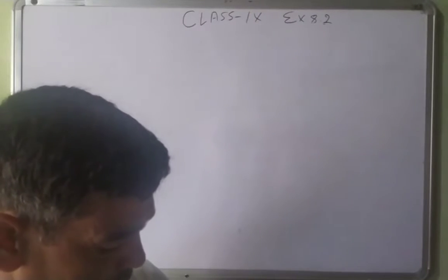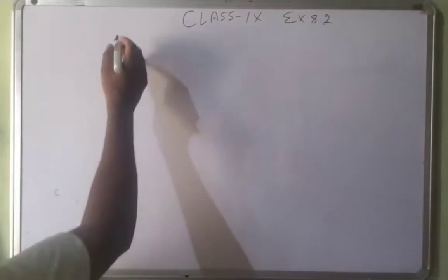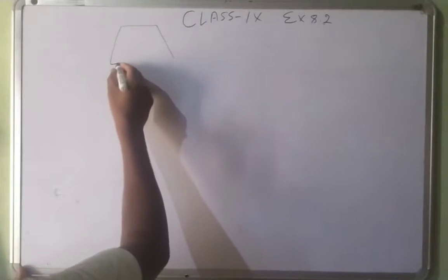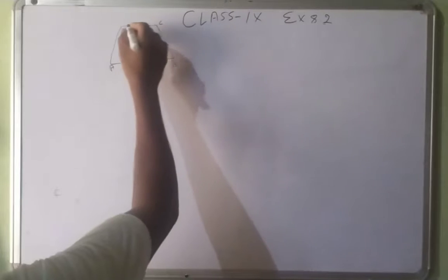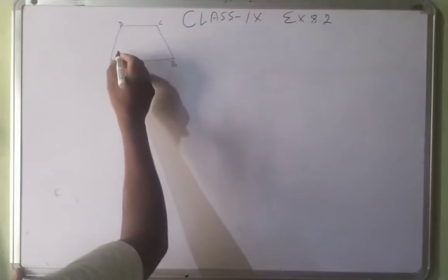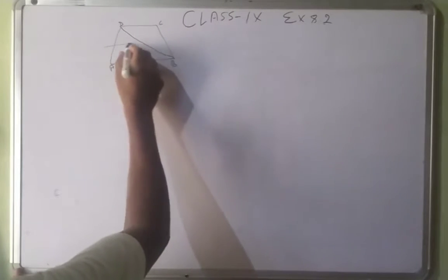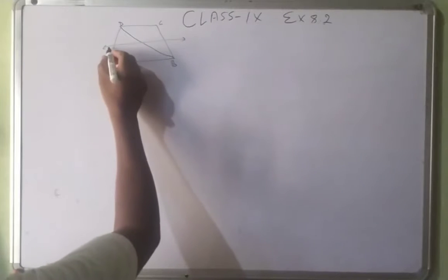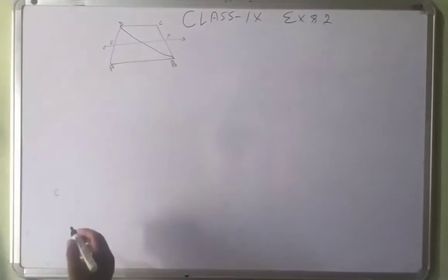First of all, see the diagram. That is a trapezium A, B, C, D, and this is a diagonal, and this is parallel to AB, this is E and F. So that one also.